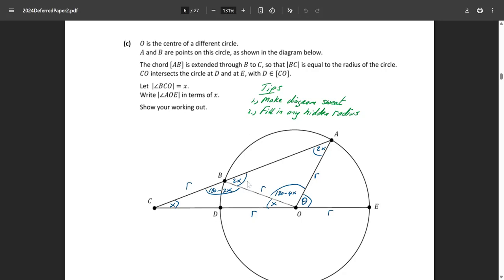Okay, so now we've found this angle is 2x. As I said, this triangle here is another isosceles, so if that's 2x, that must be 2x. Which means this angle here is 180 minus the two of them, so 2 and 2 is 4, 180 minus 4x. And the last piece of the jigsaw, if we're looking for theta, this is all a straight line.